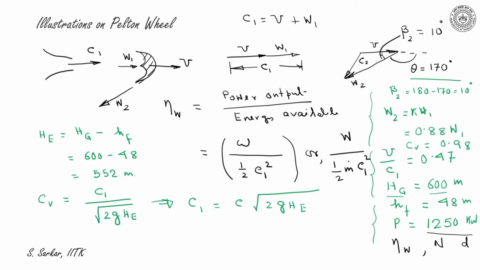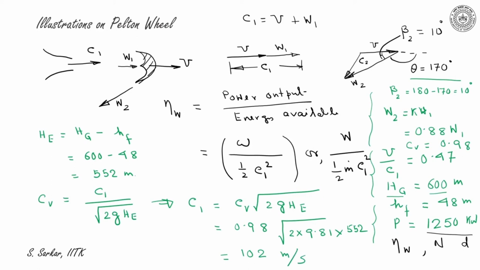I know the value of HE, I know the value of CV. So CV has been given as 0.98, root over 2 into 9.81 into HE is 552 meter. If you evaluate this, C1 I have got as 102 meter per second.